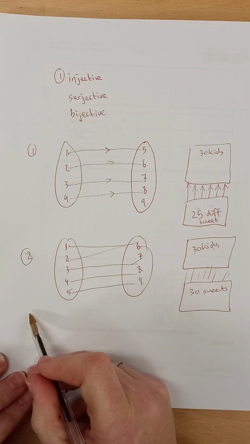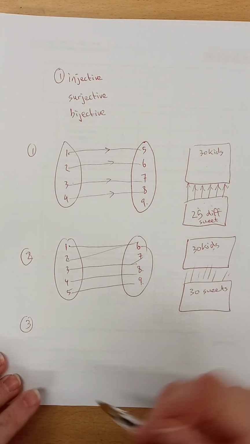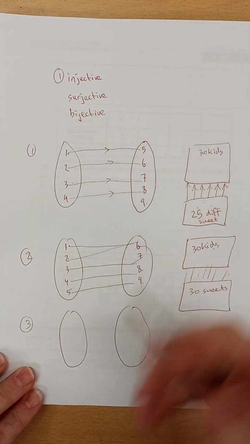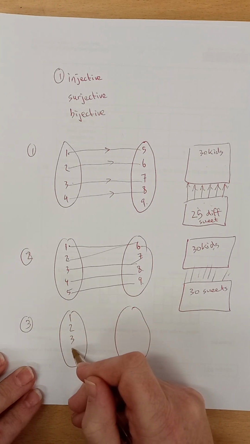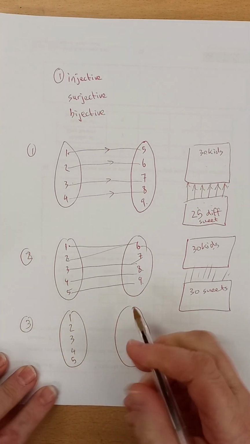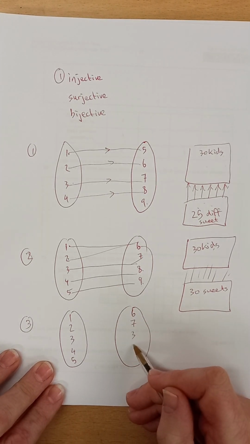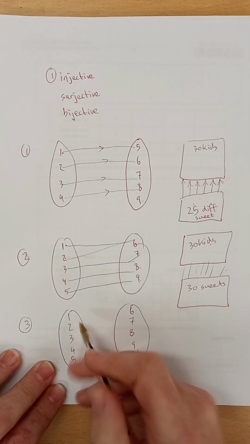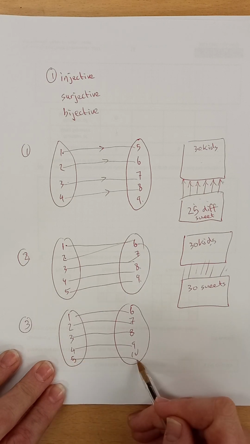So, number 3. Well, this is an obvious one. It's the combination of the other two. In a bijective, not only does every number generate a corresponding number, 6, 7, 8, 9, 10, but it's individualized and unique.